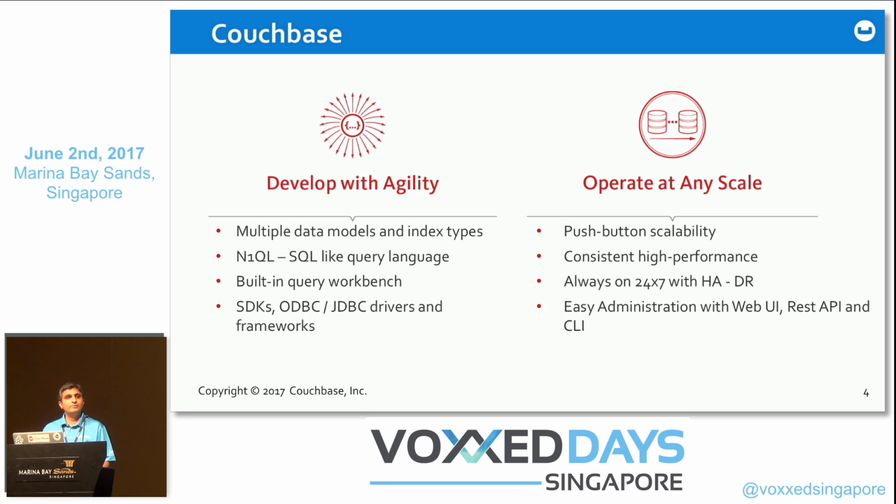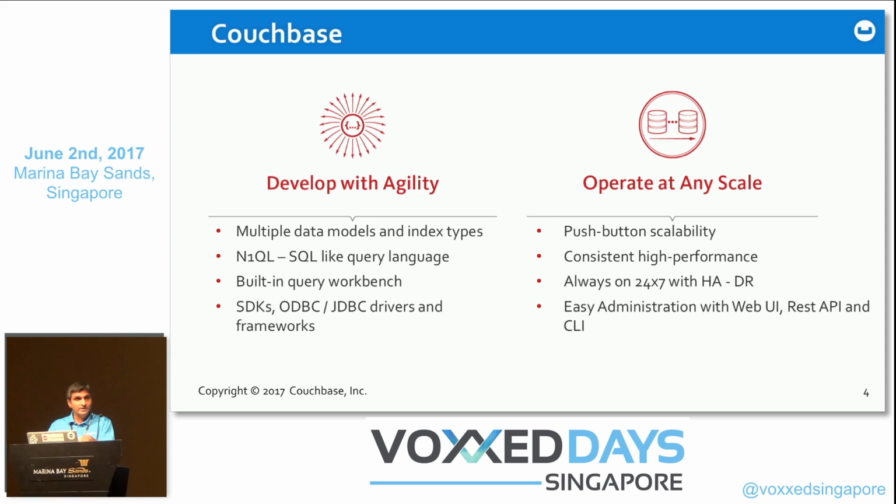A bucket is like a database, not really a database because there's actually an impedance mismatch, but the closest thing to refer to a bucket is a database. And we have a new language called N1QL, pronounced 'nickel', which is an SQL-like query language but works on JSON.